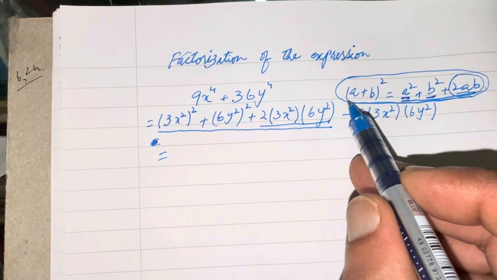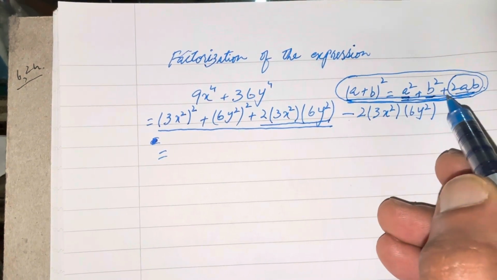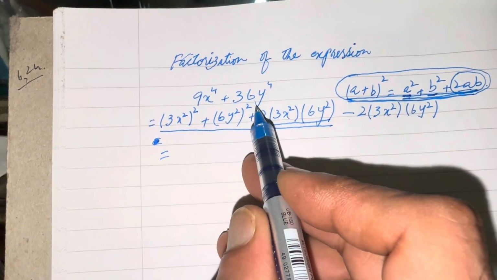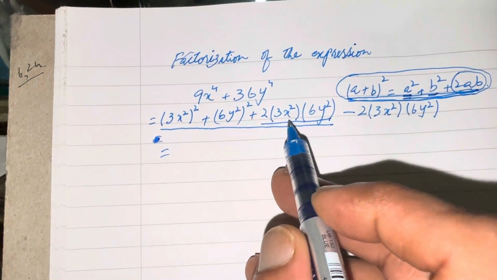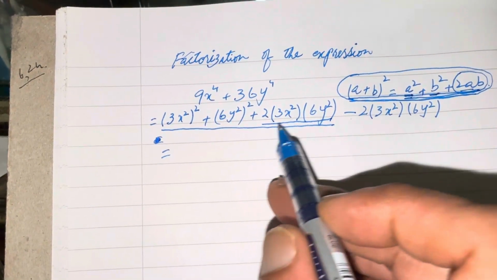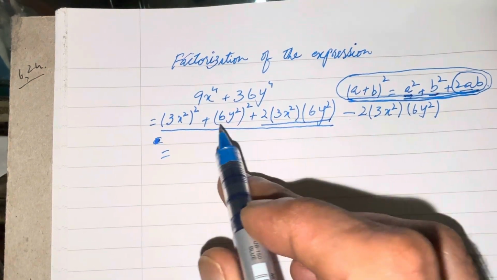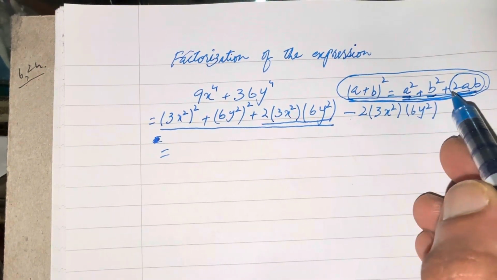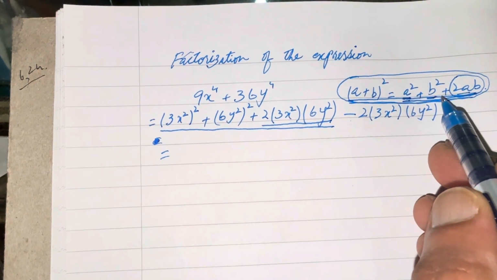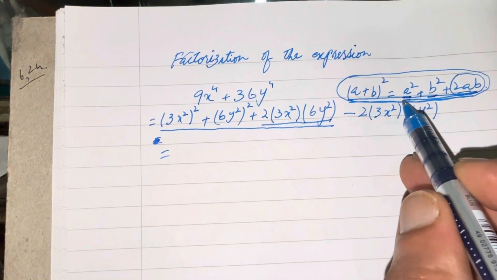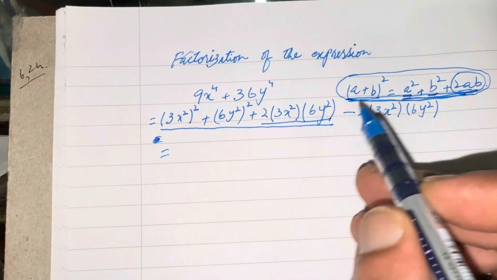Similarly, according to this formula, we have changed this expression into this. So it means if you got the 3 terms and these are in the form of this expression, so we can write this expression into this.